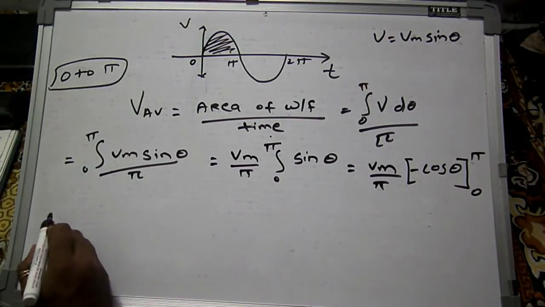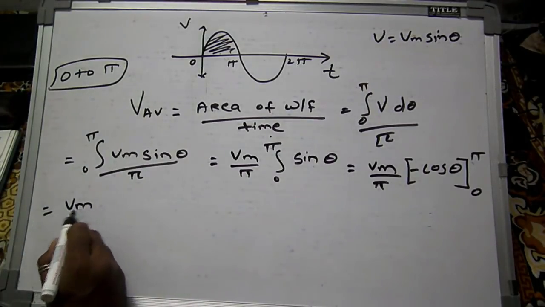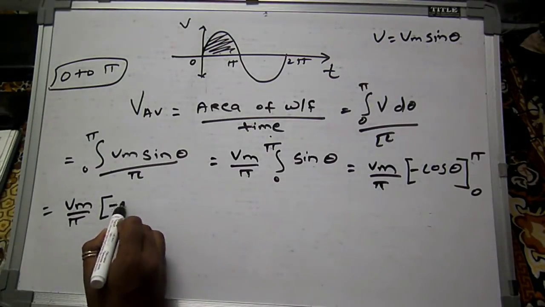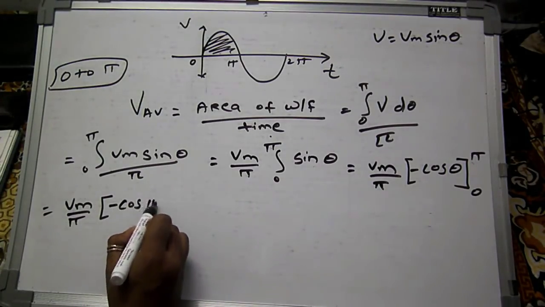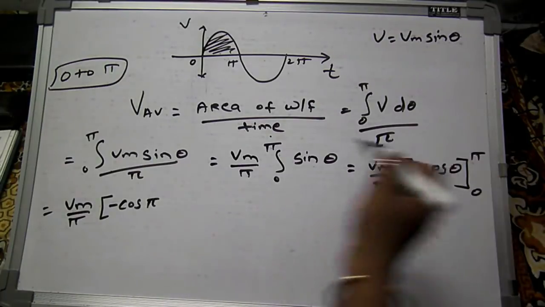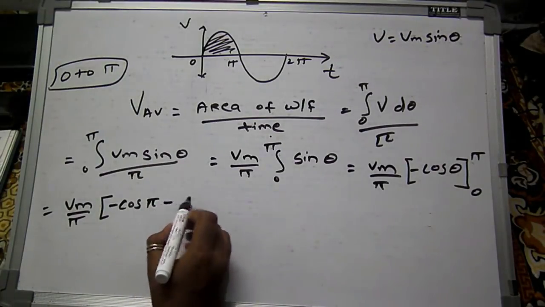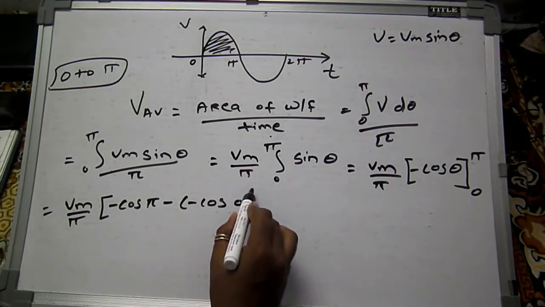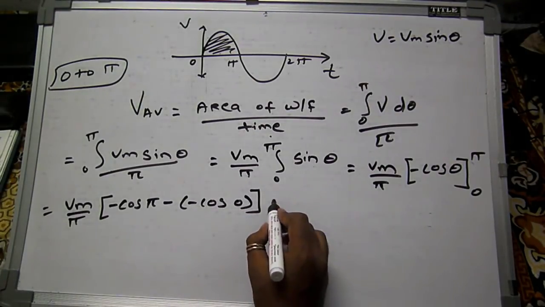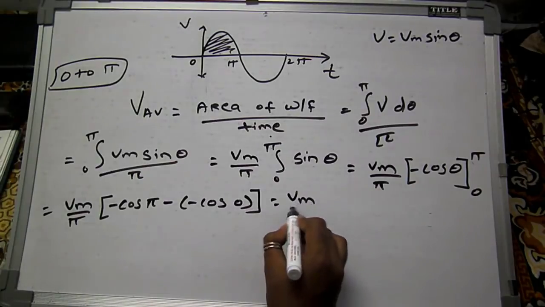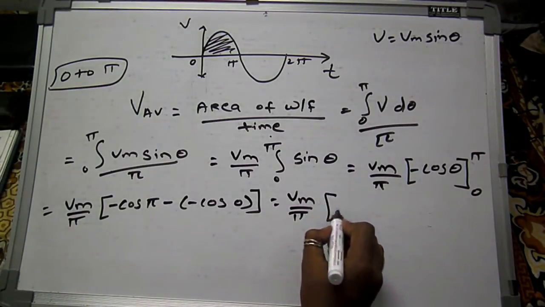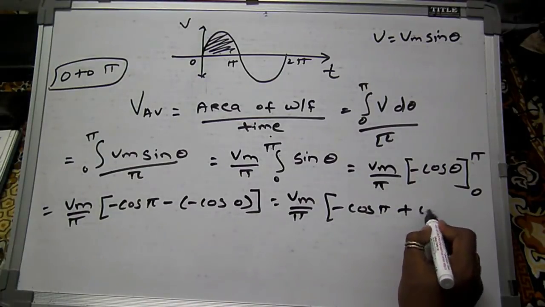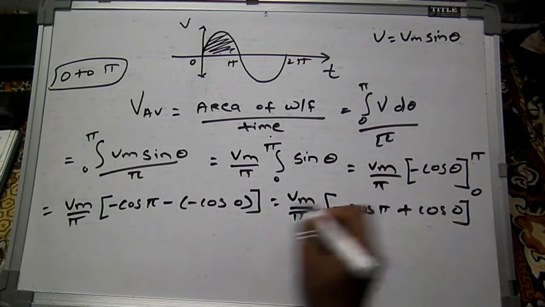So here we can write Vm upon pi into minus cos pi, minus of minus cos 0. That is Vm upon pi into minus cos pi plus cos 0.